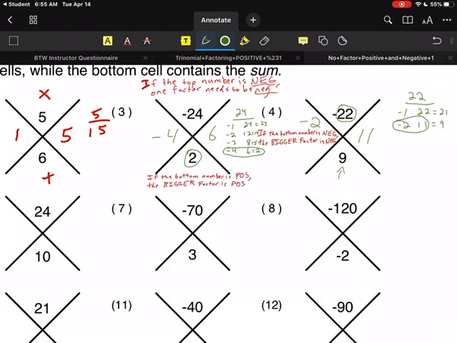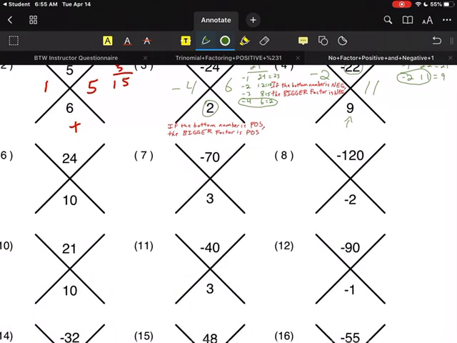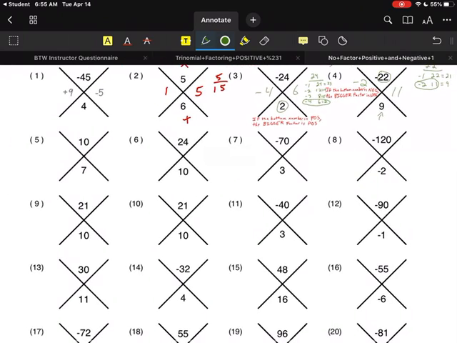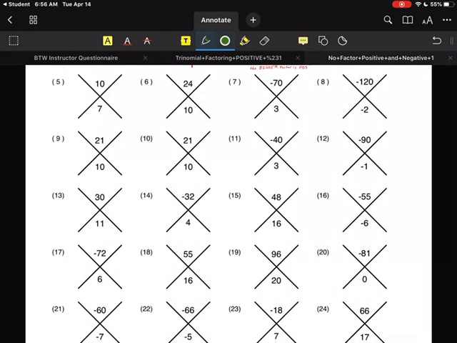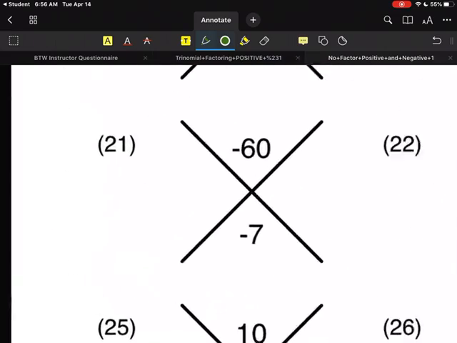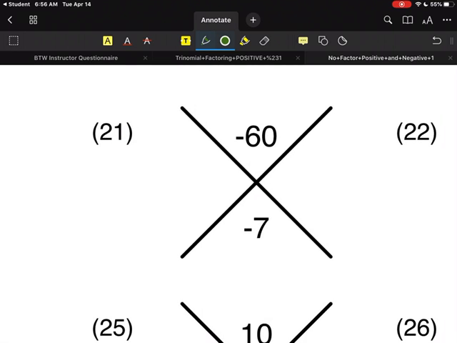Now let's find one where the bottom number is negative. Let's get a good one. Let's do number 21 here. The bottom number is now negative, so the bigger number has to be negative. You look at the top number, it's 60.